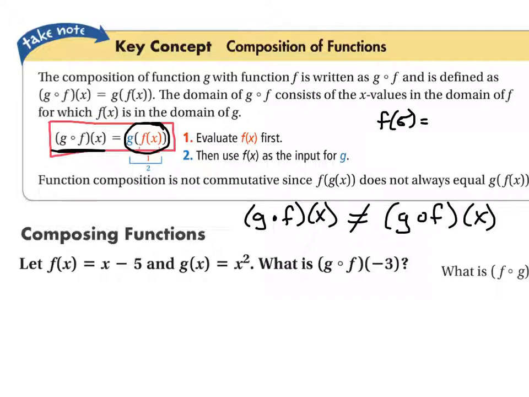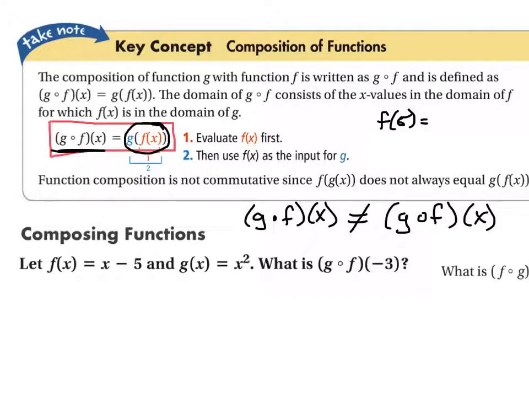Okay? The way we read this is we read g of f of x. The little o is like of. Okay? So g of f of x. And what does g of f of x mean? It means that we're taking the f of x function and substituting it into the g of x function.